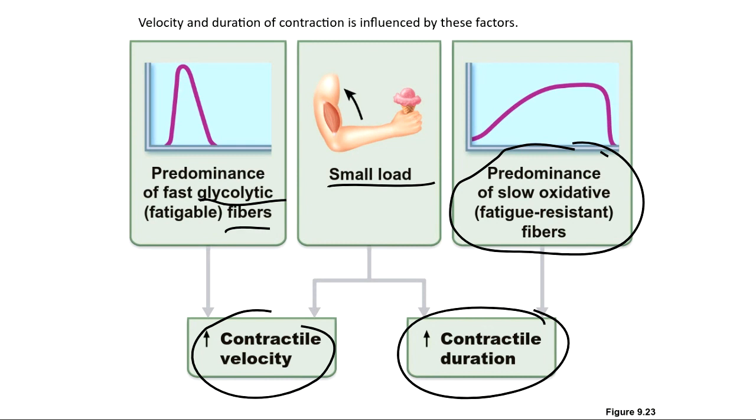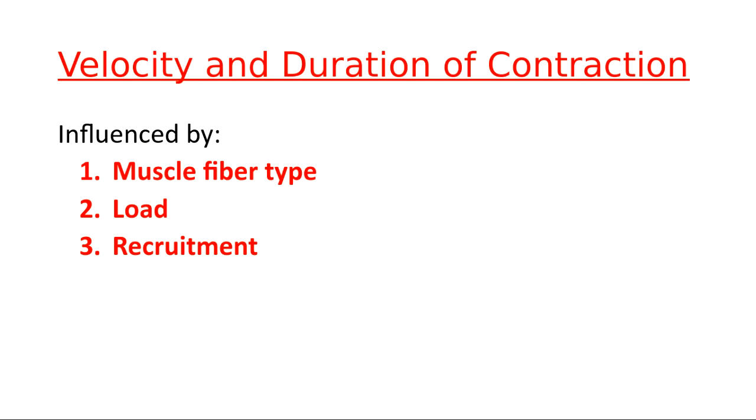The fibers that are glycolytic are also called fatigable fibers, the ones that can get tired easily. But what I want to concentrate on is the type of muscle fiber.